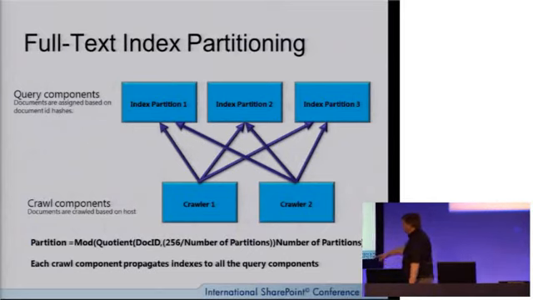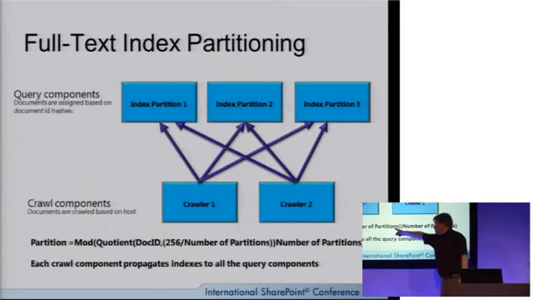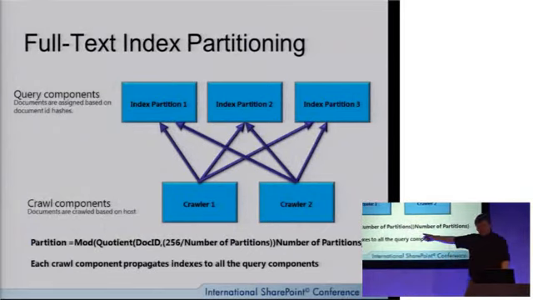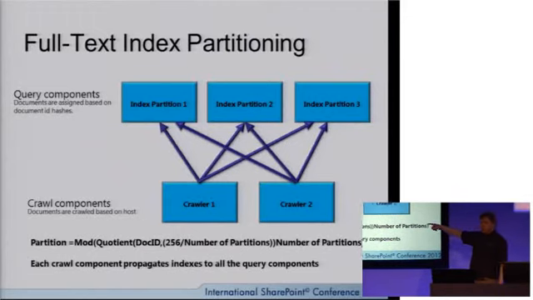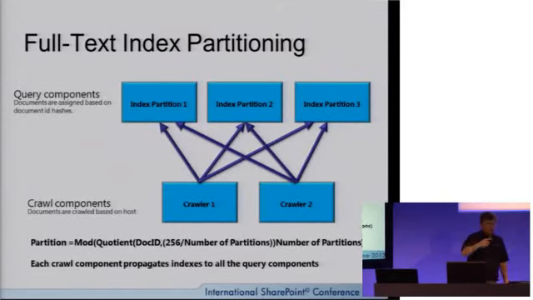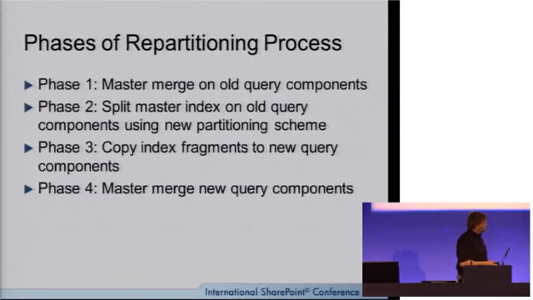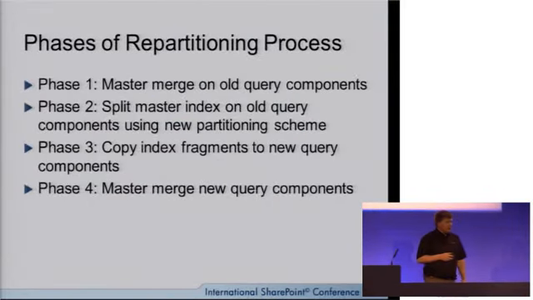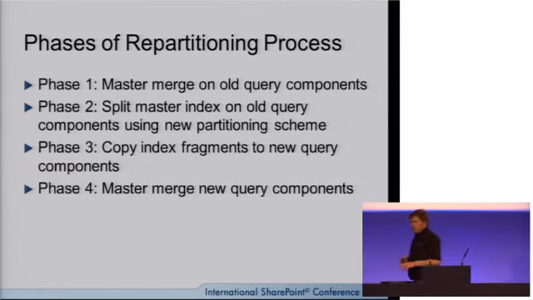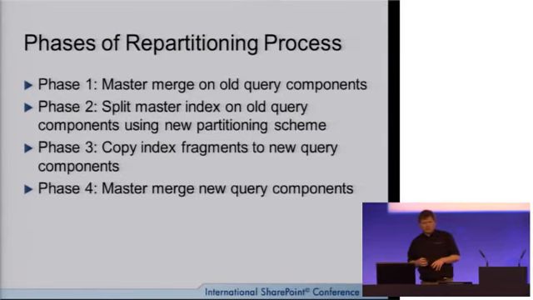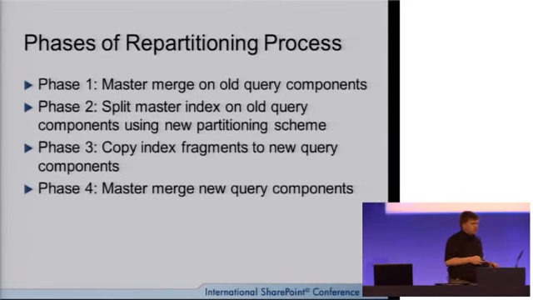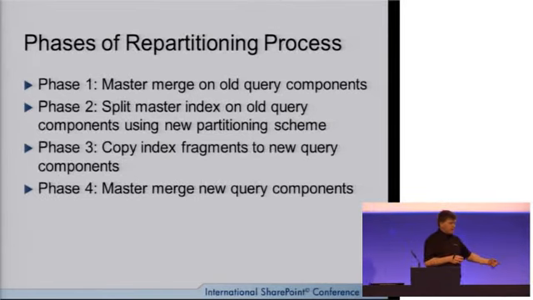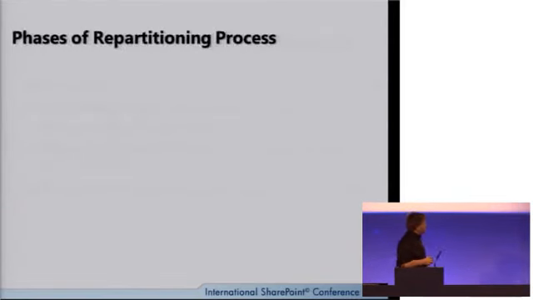Instead of substituting in 2, it does 4, and then recalculates where all the documents should be and pushes them all around. It does that through this process, which I'll show you in a graphic in a moment, and it's the real reason why in the capacity planning guides for search, we say you need 4 times the disk space on your query servers to host the size of the index or index partition. The reason is this.